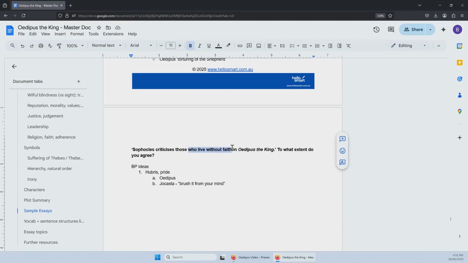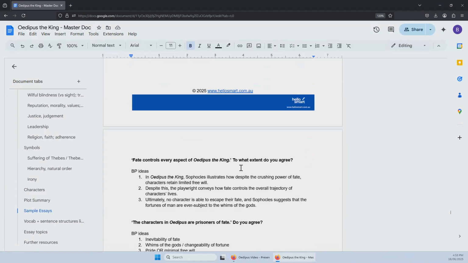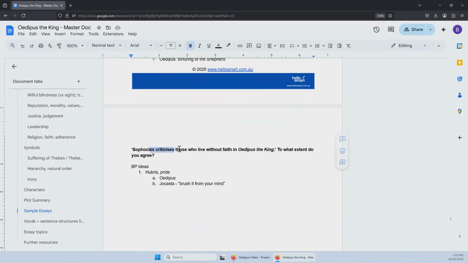Who else lives without faith versus those who do not live without faith? So we'd go back through our ideas. Is there anything else we can use? So we would consider what ways do we criticize those who live without faith? So one is the negative depiction of these people. Another one is the suffering as a result of willful blindness or of arrogance. So you would be thinking about Jocasta's death here, as well as Oedipus's dark fate too.